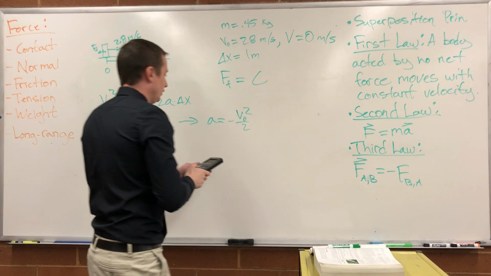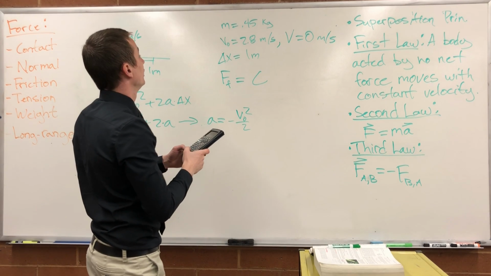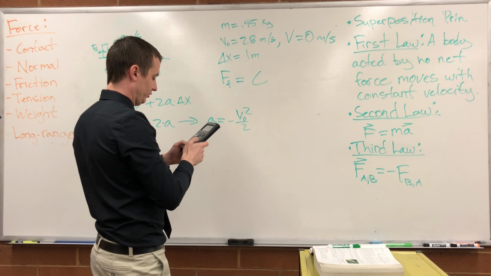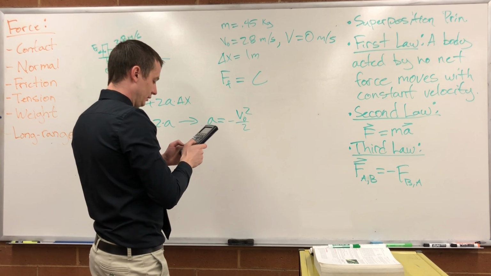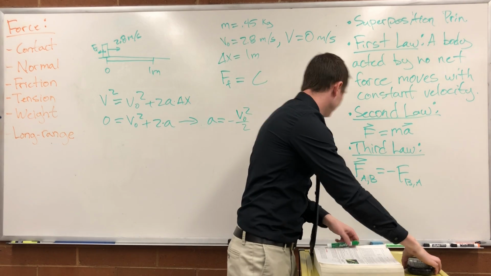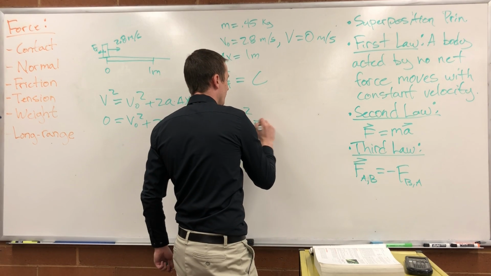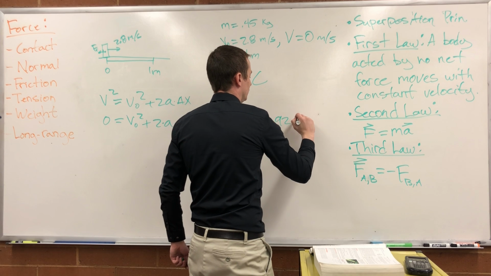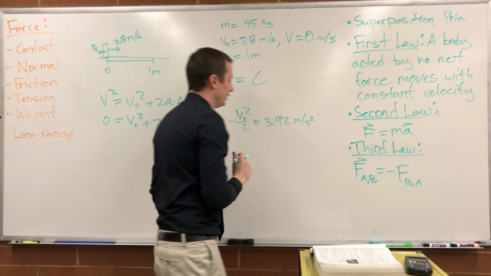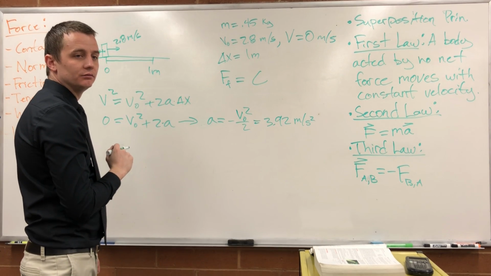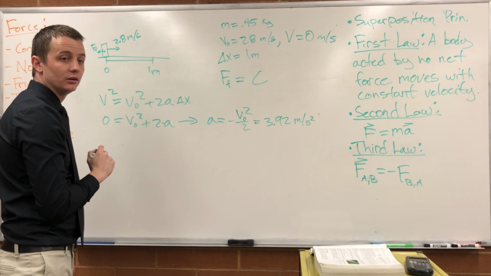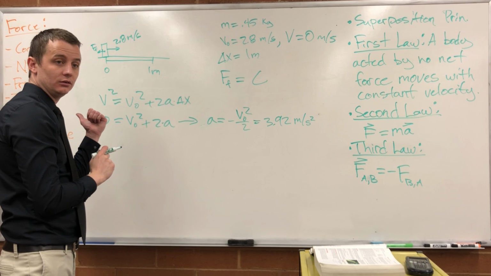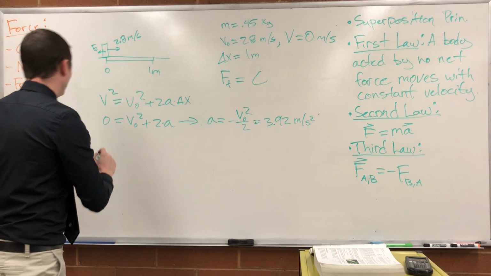So now our acceleration is equal to, let's see, our initial velocity was 2.8 squared. Oops, forgot to divide by 2. Divided by 2, and we get 3.92 meters per second squared, right? Okay. So that's our acceleration due to friction. So what's our force of friction then?